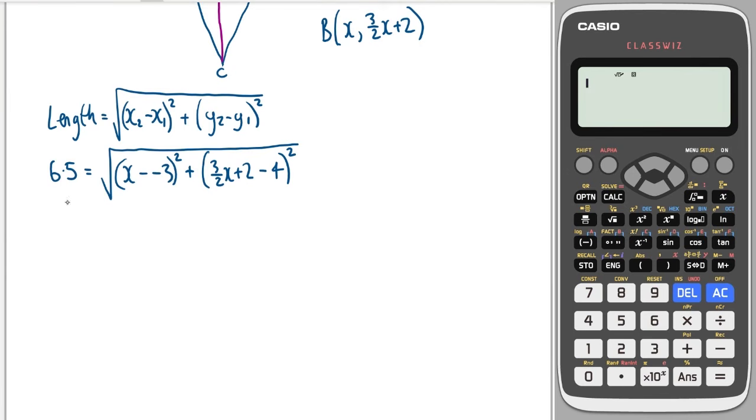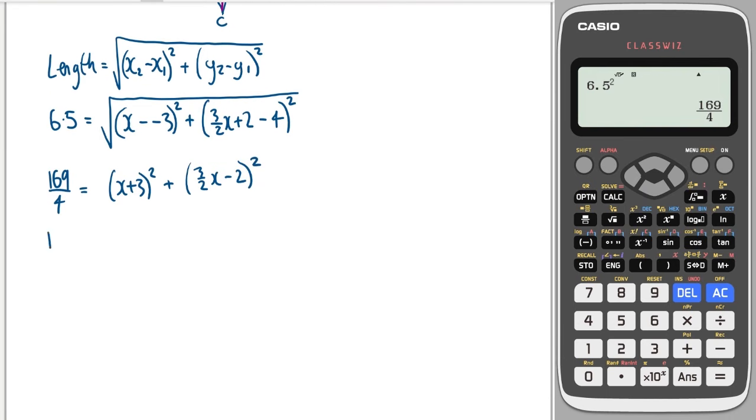Okay, so now if I square both sides, I'm going to get 6.5 squared on the left-hand side, which is 169 over 4. And now I'm free to expand these brackets, which I'll just write out a bit neater. Like that.